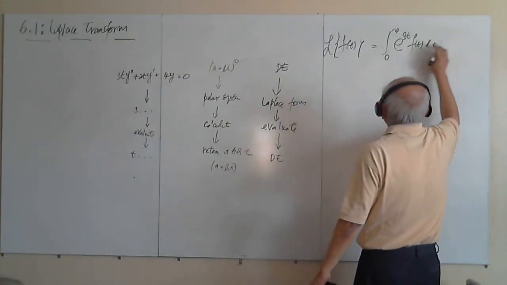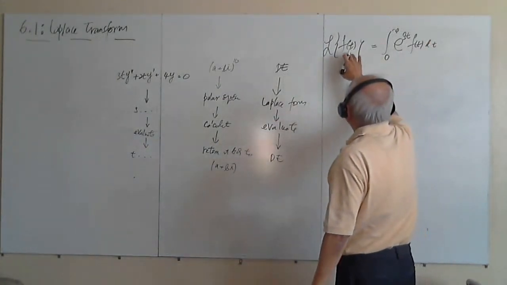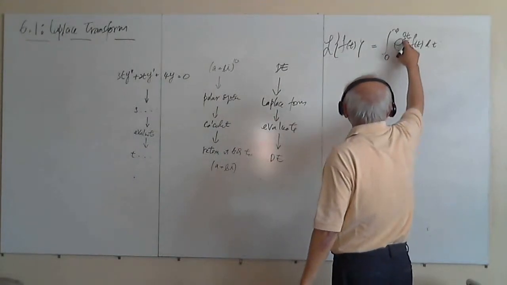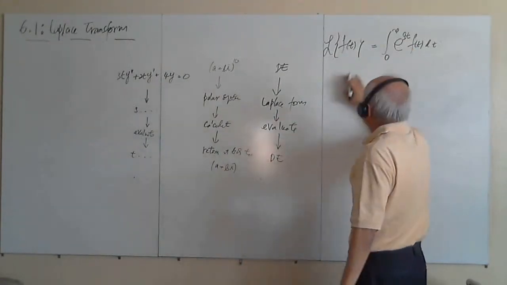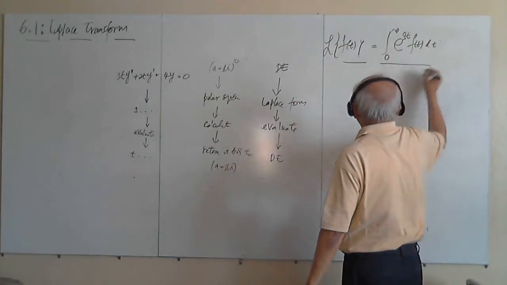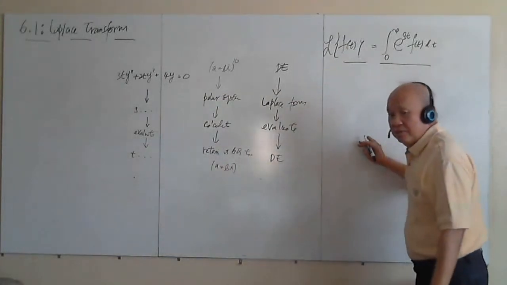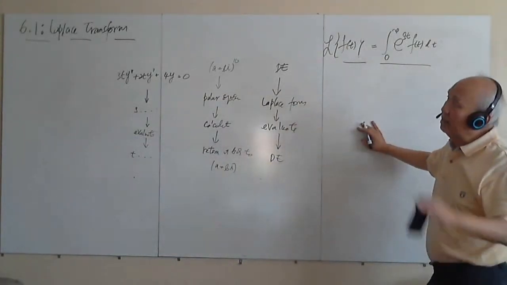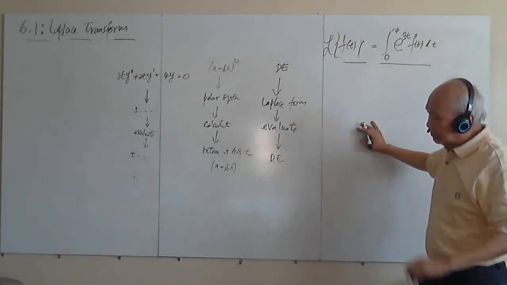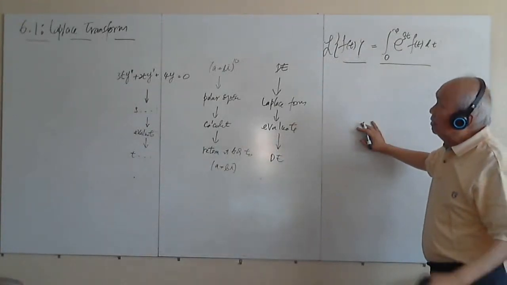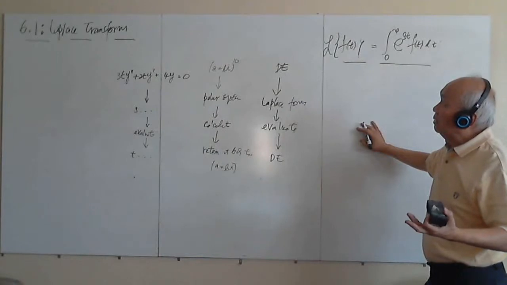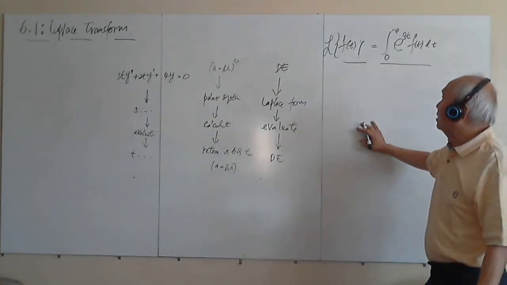So this is the formula for turning from t into s. Did you see s here? Again, you do not have to worry too much about this one, because all I need you to do is memorize about 5 or 6 formulas.